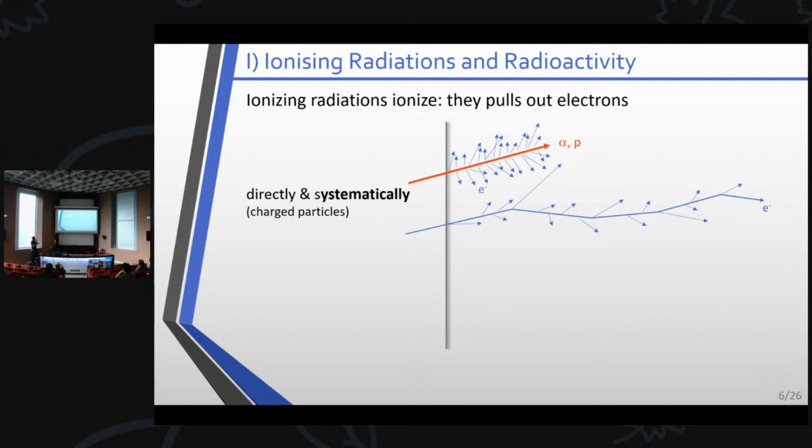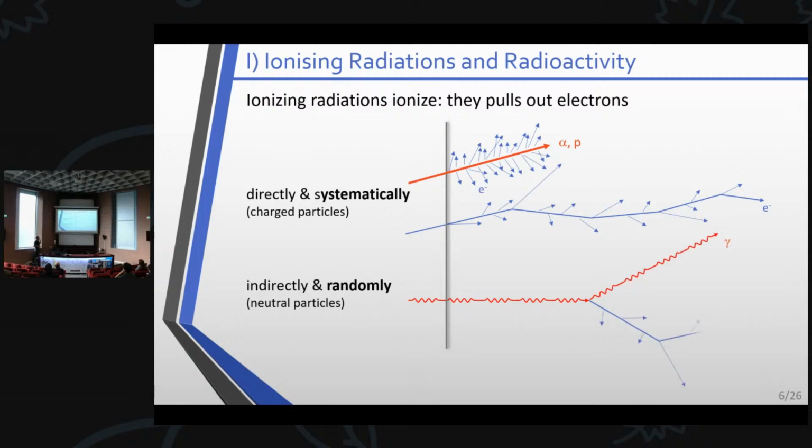For charged particles, for instance, alpha particles or protons going in matter, it will knock out a lot of electrons along the way. If you have an electron, it's a light particle, but it will do more or less the same thing. It will knock out a lot of electrons in its path.